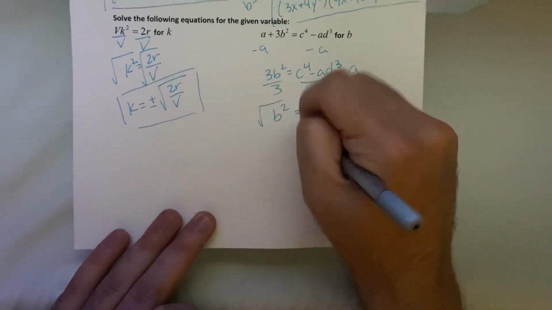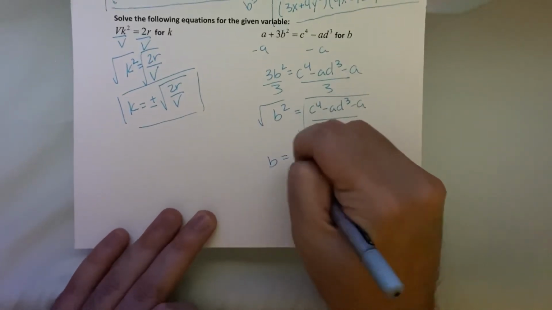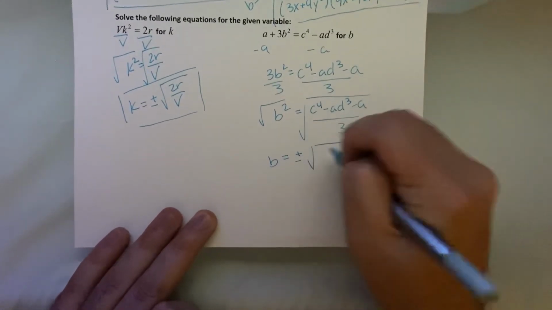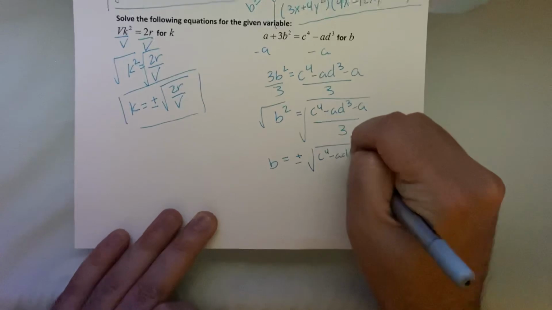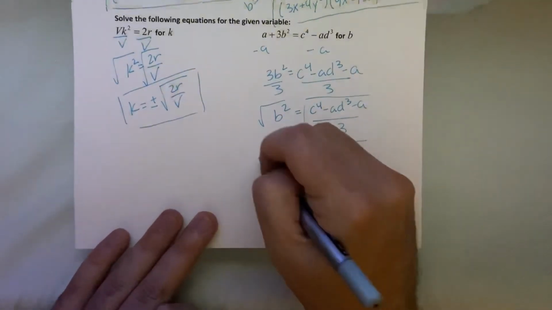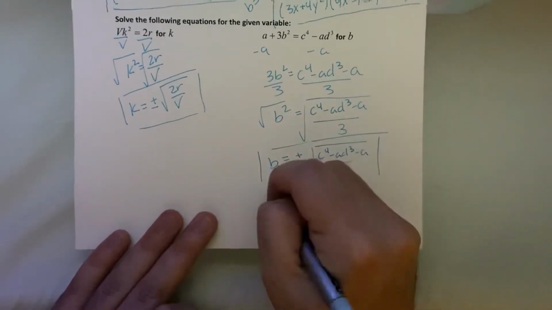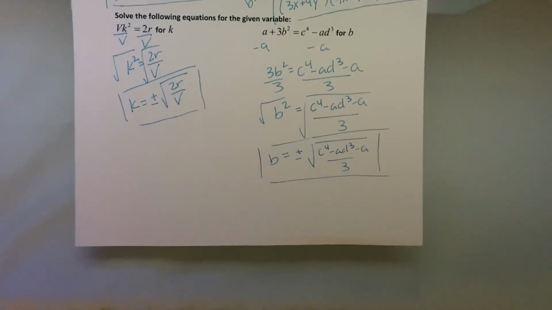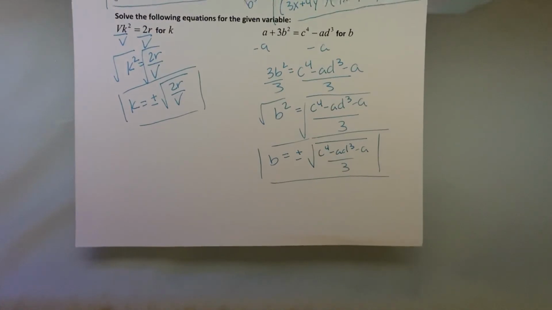Take the square root. B equals plus or minus square root of c to the fourth minus ad cubed minus a over 3. So it looks weird, feels a little weird, but it's the same as before. You could simplify, do more, but we're not going to. And that is all for 1.4.